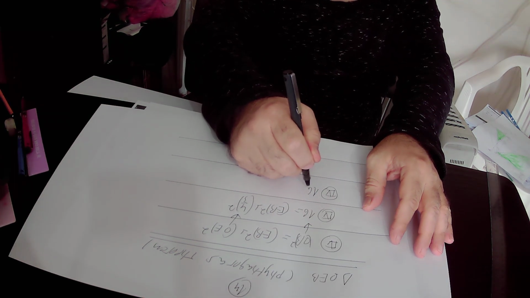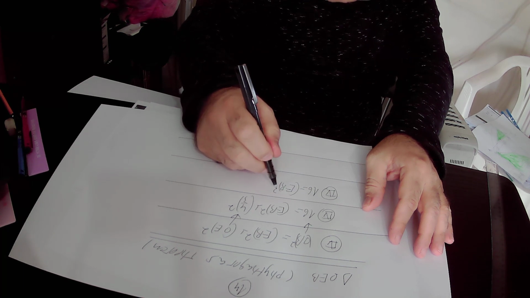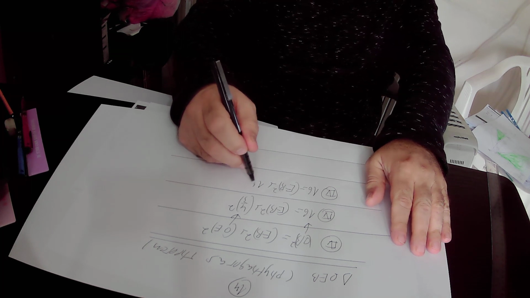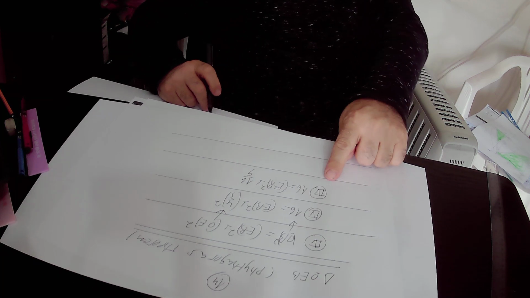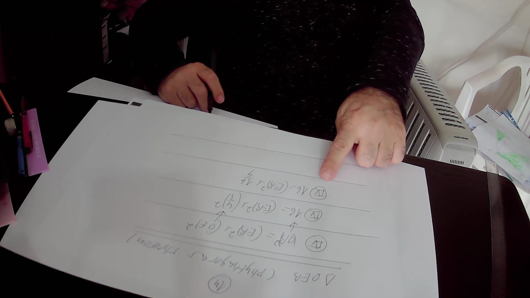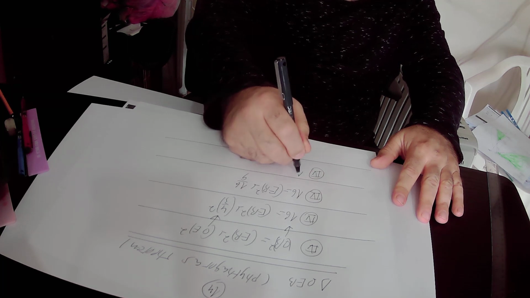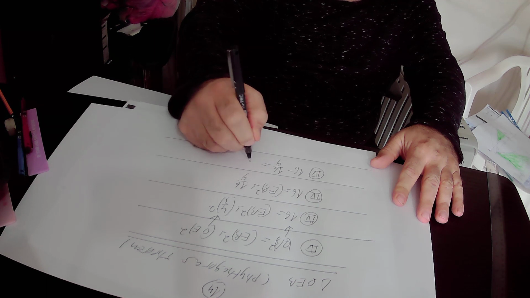And we will get that 16 equals EB square plus 16 over 9. Here we will subtract 16 over 9 from this equation number 4, and we will get that 16 minus 16 over 9 equals EB square.